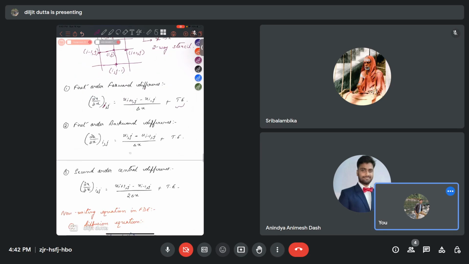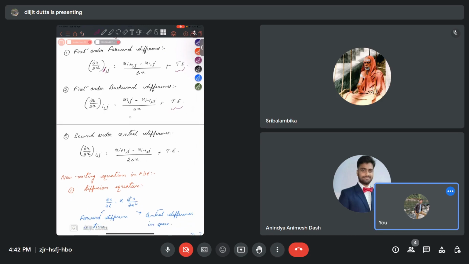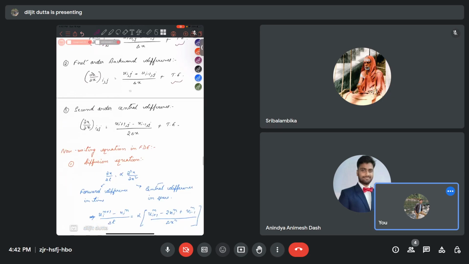And similarly, the first order backward difference will be del u by del x at i comma j equal to u i j minus u i minus 1 j by delta x plus truncation error. And thirdly, there is the second order central difference, for the x direction, that is del u by del x at i comma j is equal to u i plus 1 j minus u i minus 1 j by 2 delta x plus truncation error.